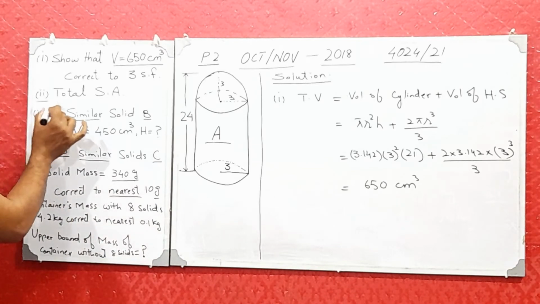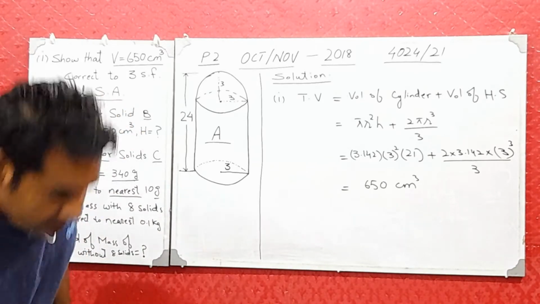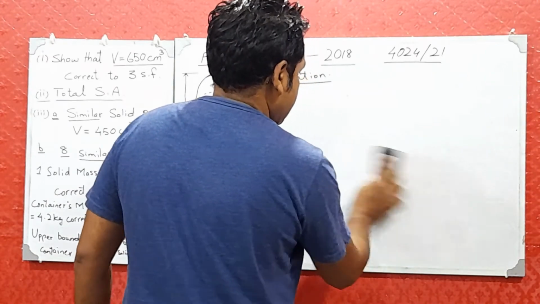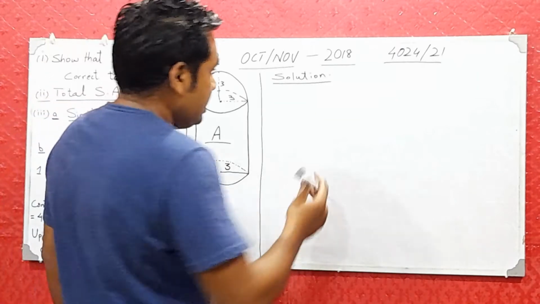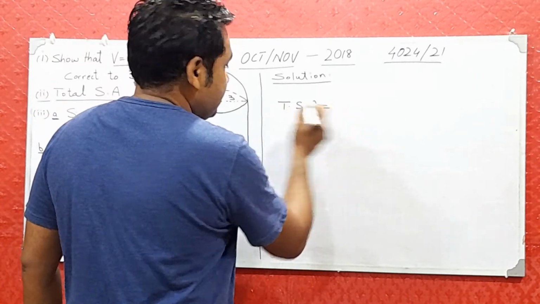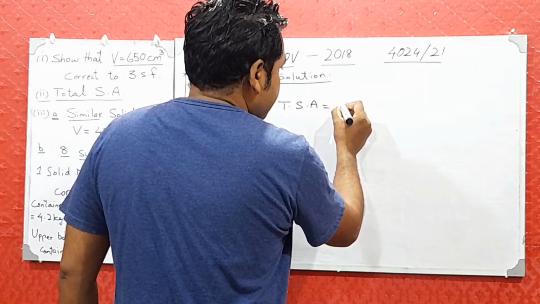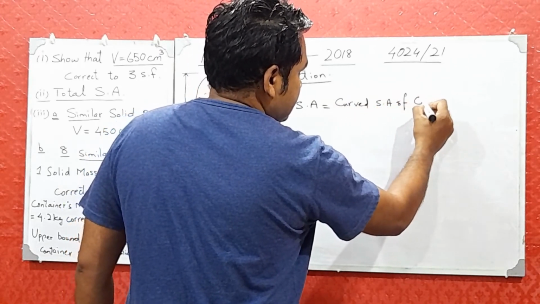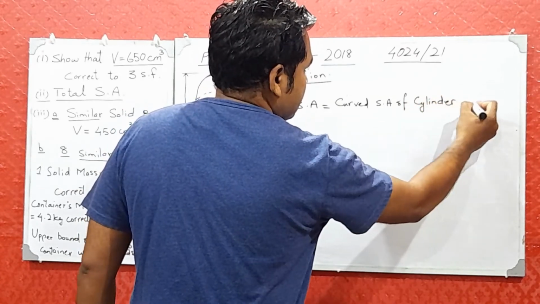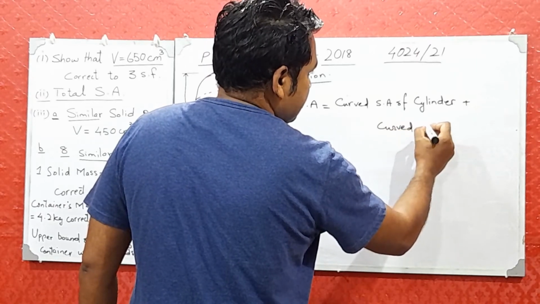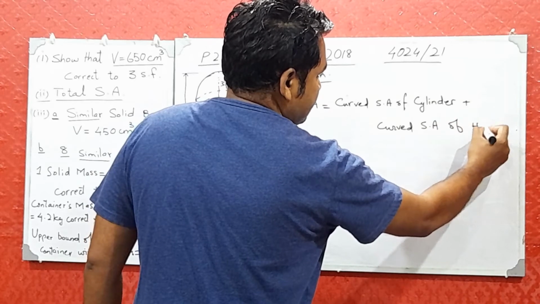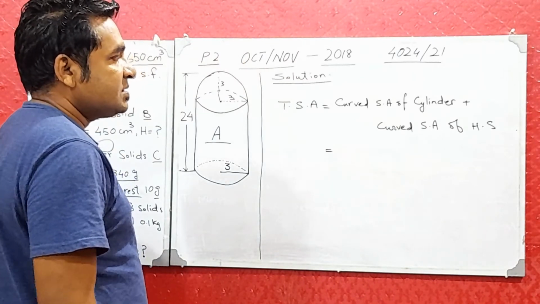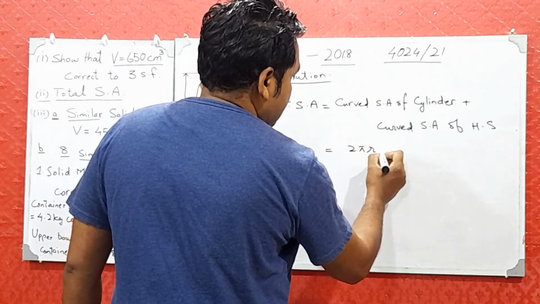Okay, now the next part: in the second part we are supposed to find its total surface area. So the total surface area is basically equal to the curved surface area of the cylinder plus the curved surface area of the hemisphere. I told you what the curved surface area of a cylinder is: it is 2 pi r h.